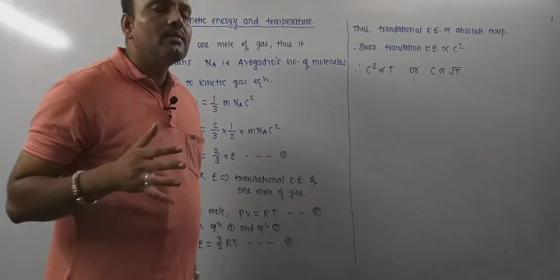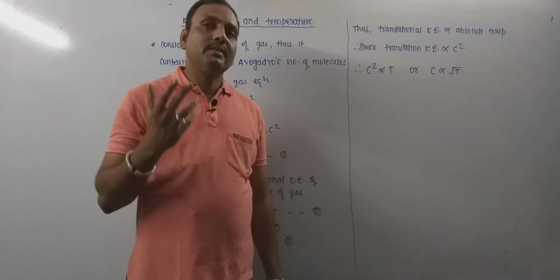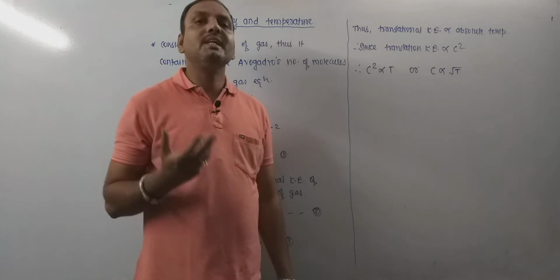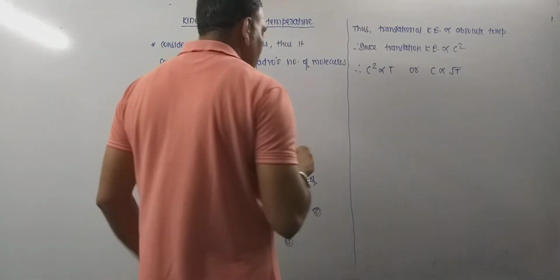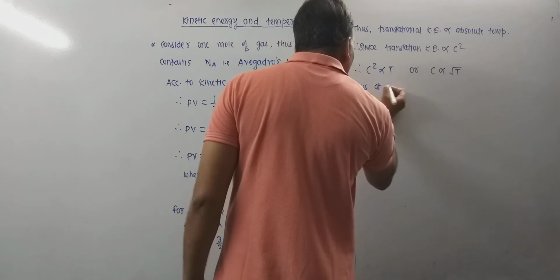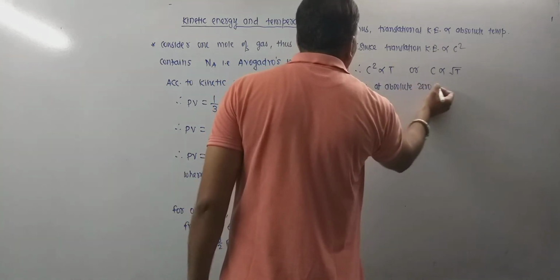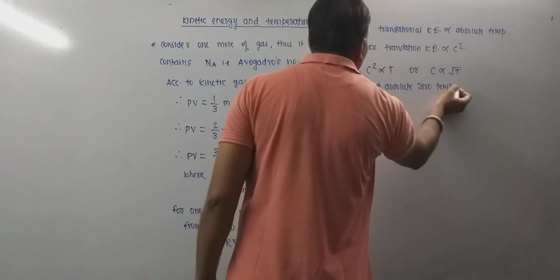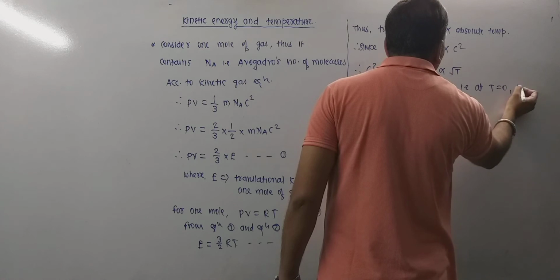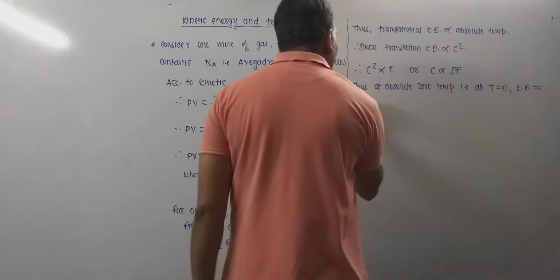So what happens at absolute zero of temperature? The thermal motion of the molecules of gas ceases. So that is a very important thing. So thus at absolute zero temperature, that is at T equals 0, kinetic energy is also 0.